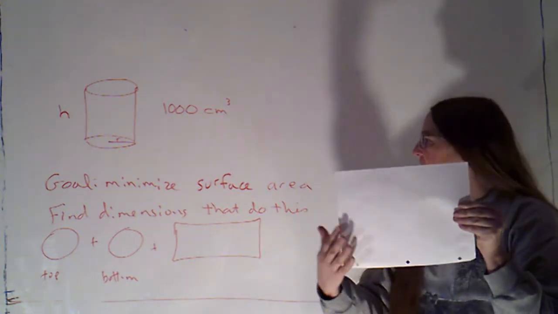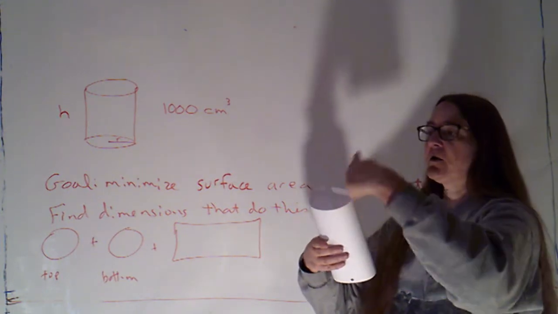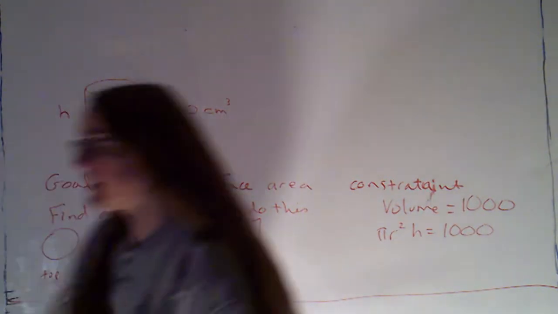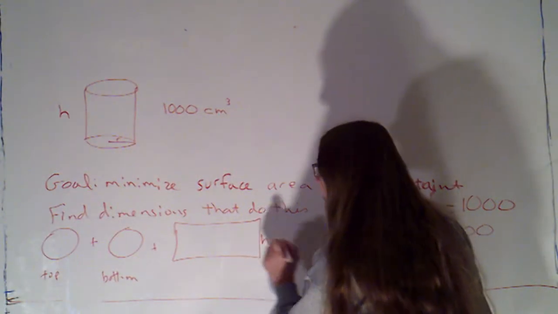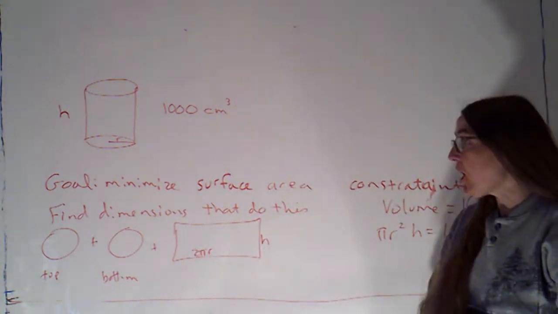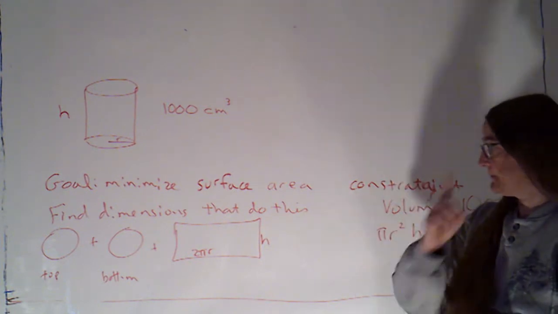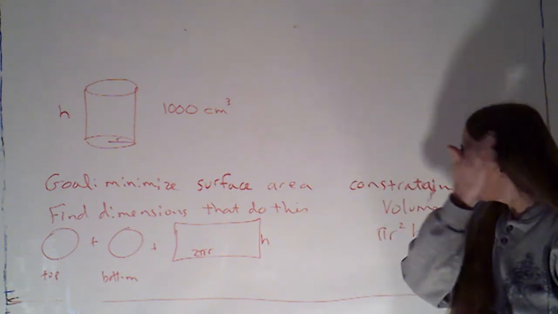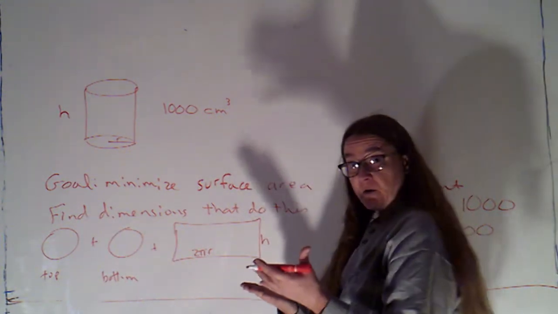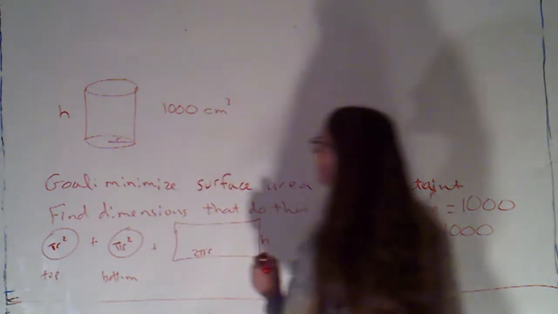This side would correspond to the height of the cylinder. The other side corresponds to the circumference of the cylinder. So this is going to have dimensions of h, and then 2 pi r is the circumference of that cylinder. The top and the bottom, of course, are just the area of that disk. So that's going to be a pi r squared and a pi r squared.